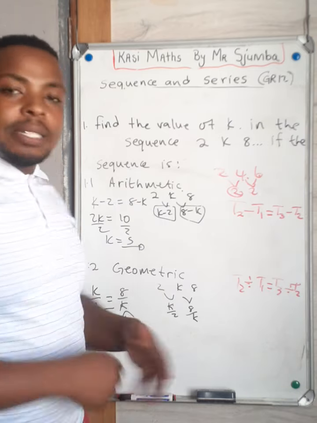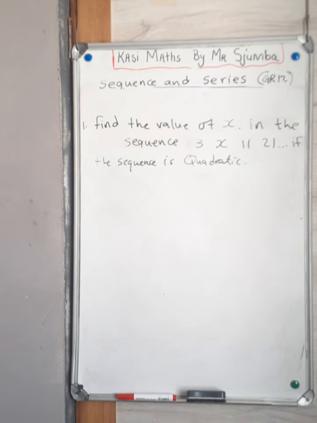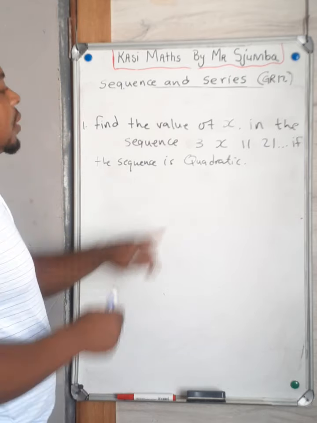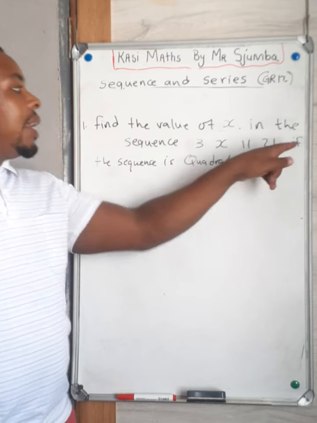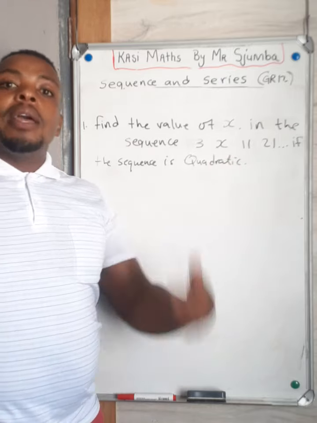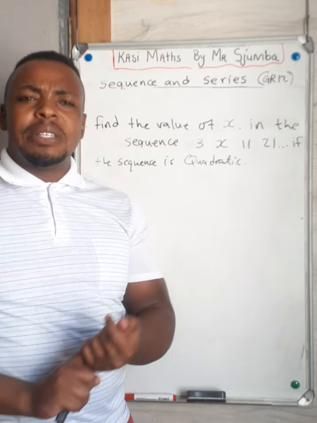Right, so let's get another example with a quadratic. Now we have to find the value of x in the sequence 3, x, 11, 21 if the sequence is quadratic. We did it for arithmetic, and we did it for geometric.